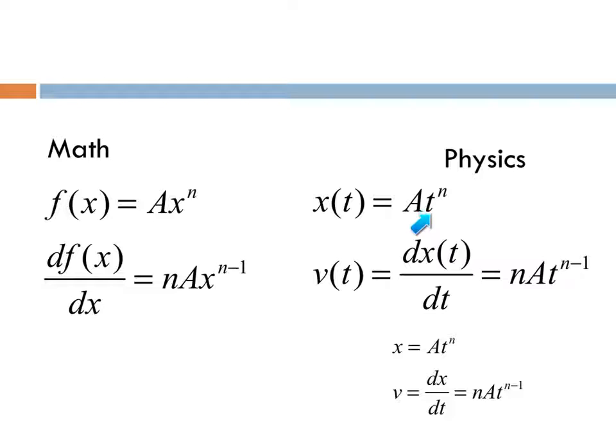Again, these equations can get slightly more complicated, but this is the general form that you do for every single derivative. Once you take a derivative, in this case the derivative of position with respect to time, it is equal to n, again we brought that n down from the exponent to the front, times a, whatever value was already there, times t to the n minus 1.